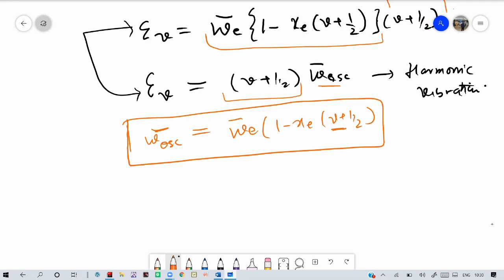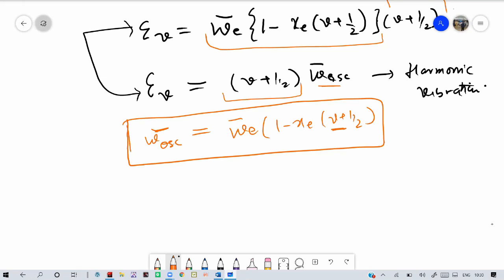So it is a harmonic oscillator, but the oscillation frequency in this case is decreasing steadily, that means constantly, with increasing nu.